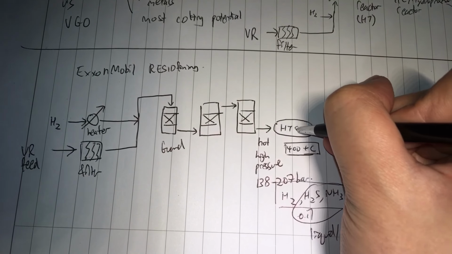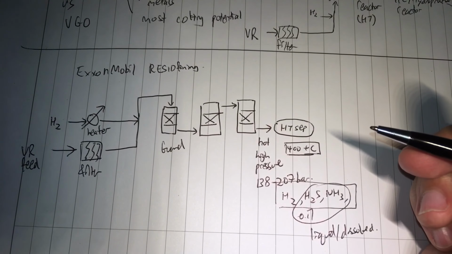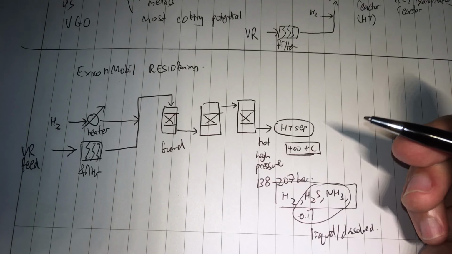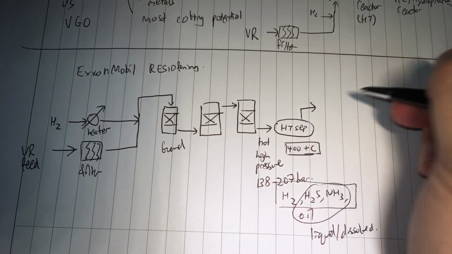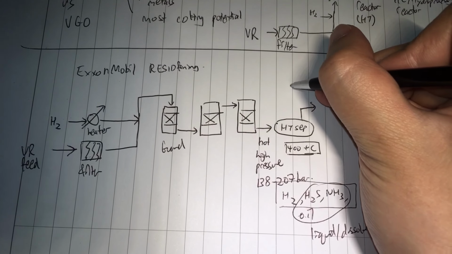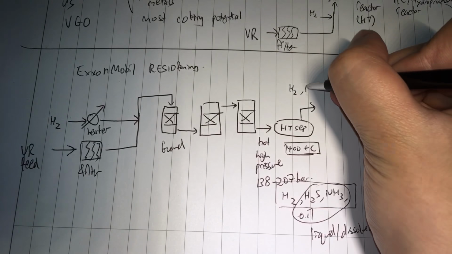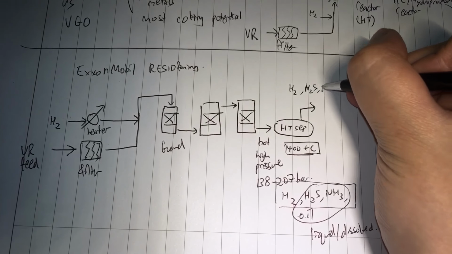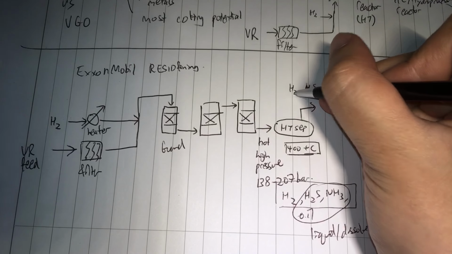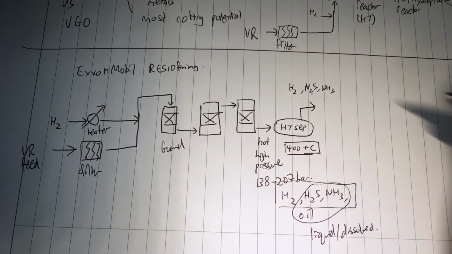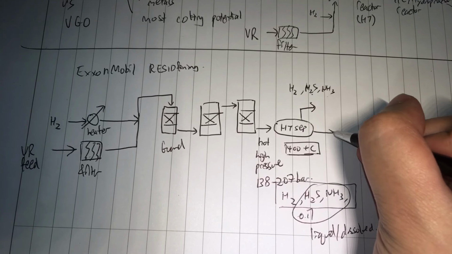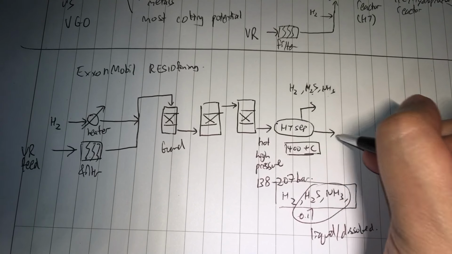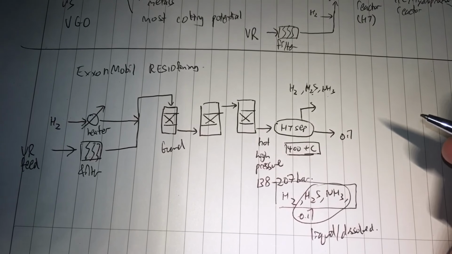You depressurize in a high temperature separator. Alright? So what goes up the top will be hydrogen, H2S, and NH3, hydrogen sulfide and ammonia. And whatever comes out the bottom will be hot oil.